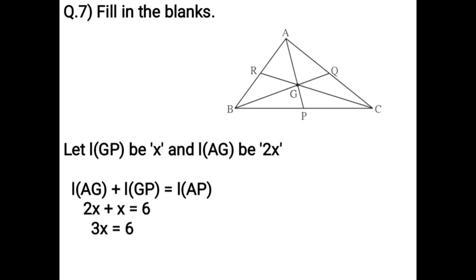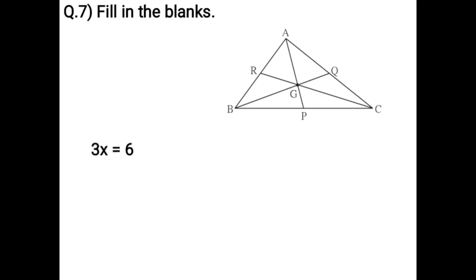This is a division equation, so you have to divide 6 by 3 when finding the value of x. That is, 3x is equal to 6. x is equal to 6 upon 3. 3 ones are 3, 3 twos are 6. x is equal to 2.